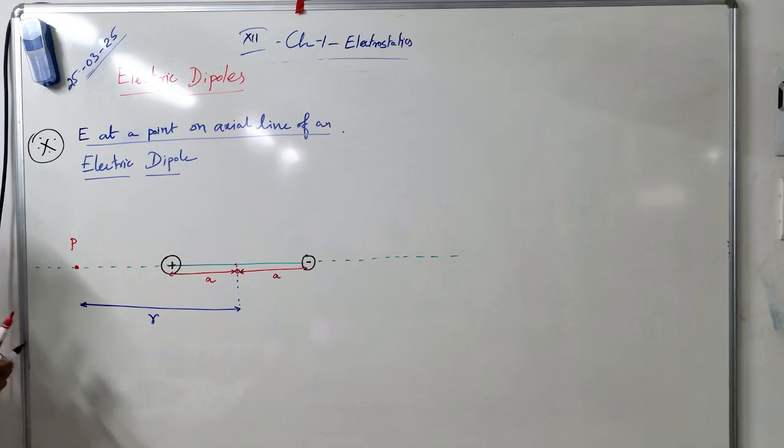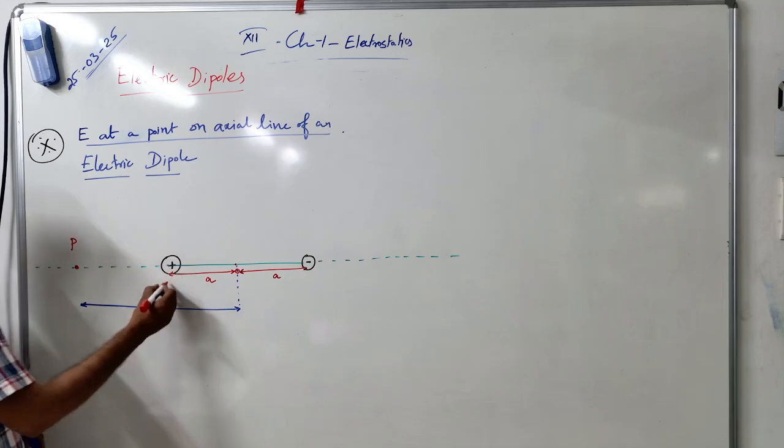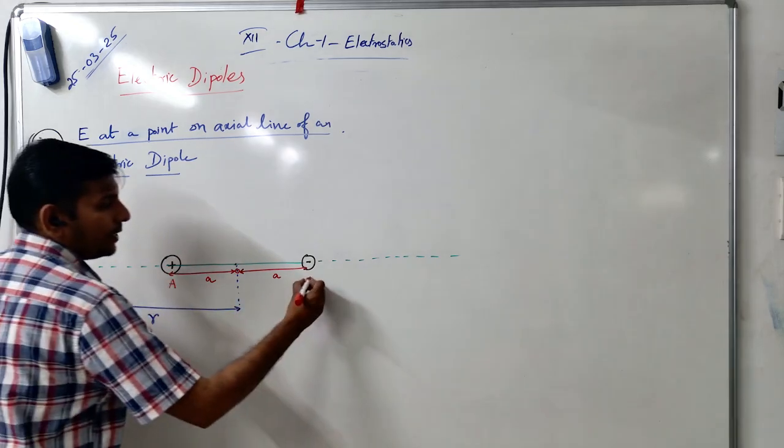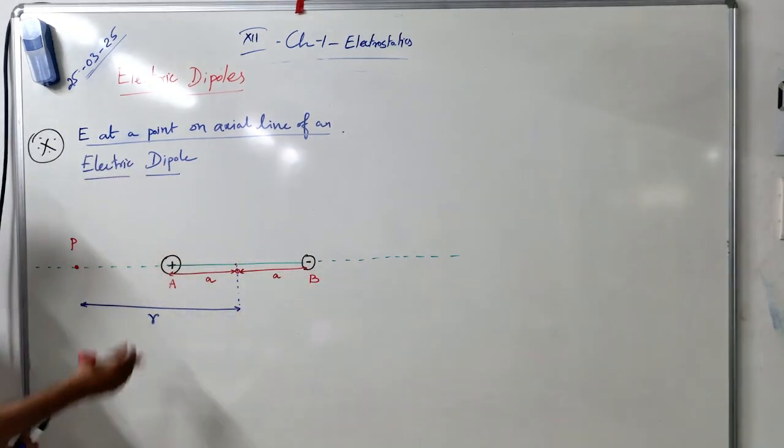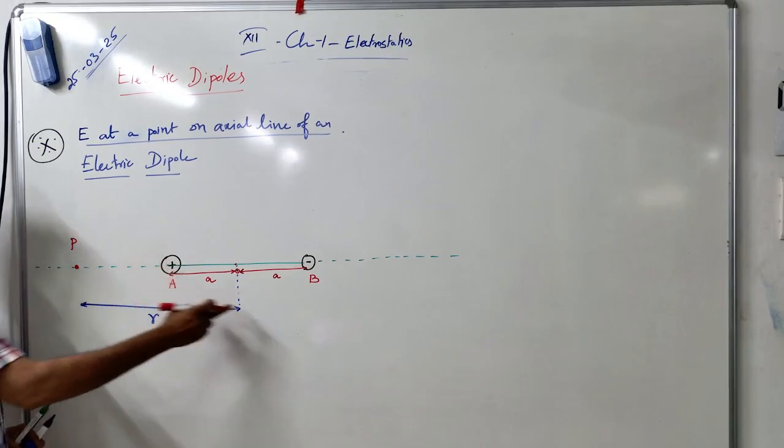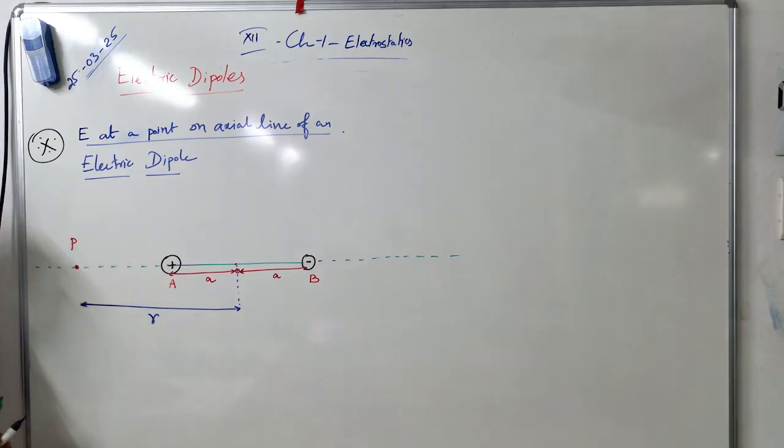Let's see. Now let's name these points. The first point is A, the second point is B. At point A, I have a positive charge. At point B, I have a negative charge. Noted? Any question? Shall we proceed further?